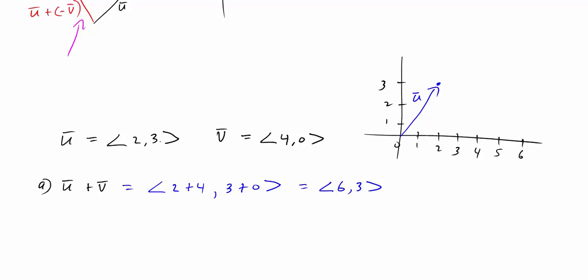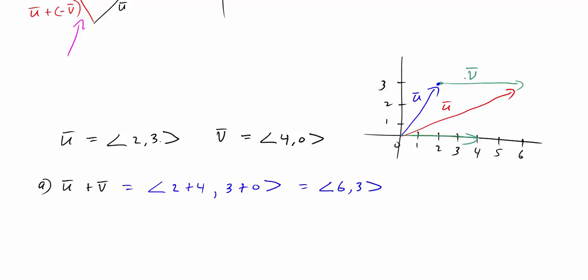So that means we would go over 1, 2, 3, 4, and we would have this here as our vector. But remember, we want to add that head to tail, so we're going to move v up here, and then we need to go over 2, so that means we're going to go over to here if we add those together. And then the resultant would be from here to here.